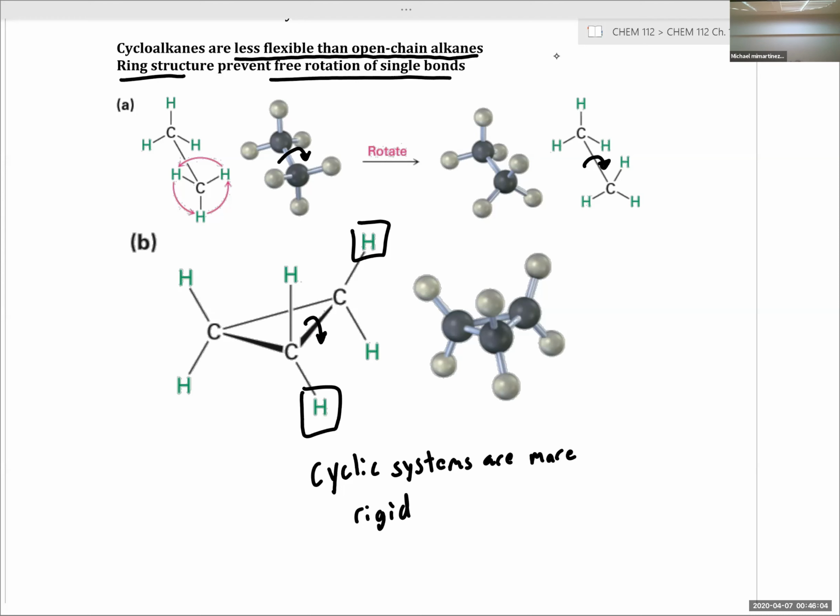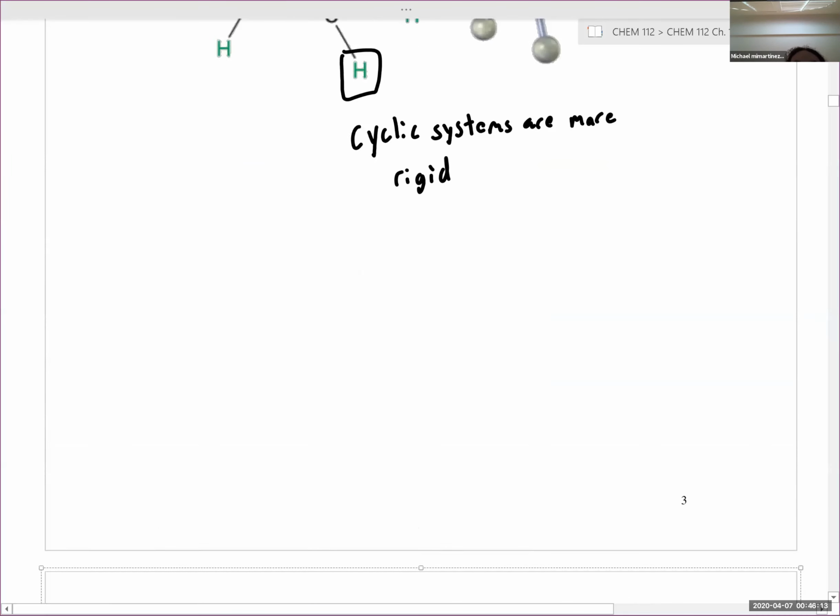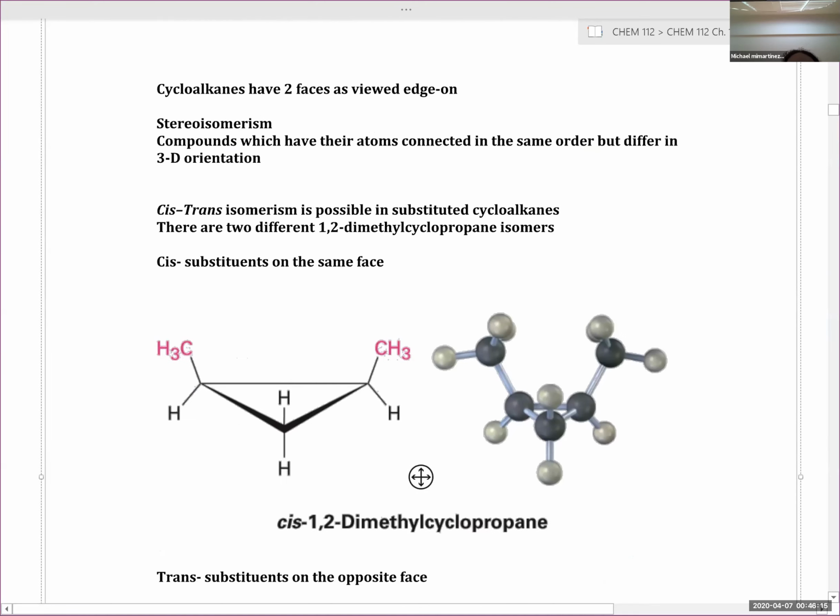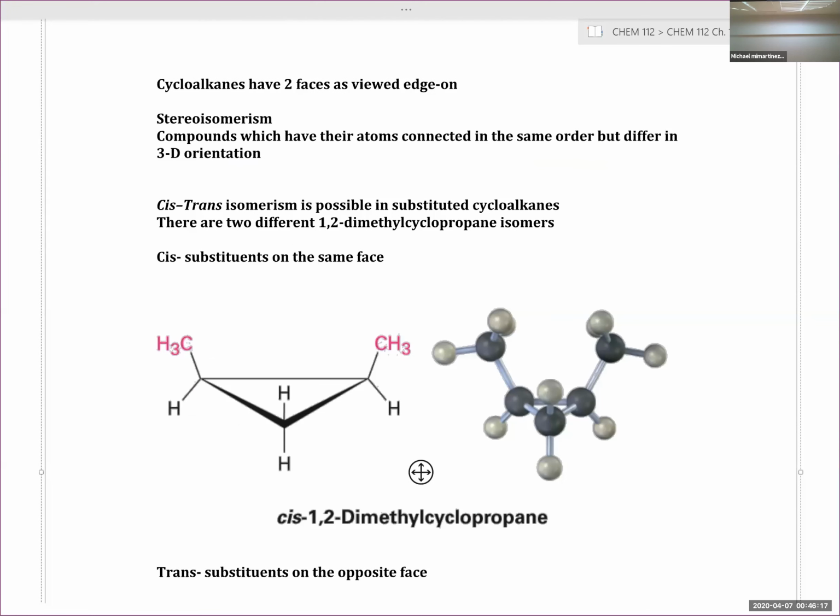So one consequence of the fact that these cyclic systems are substantially more rigid is that when we look at cycloalkanes, they have two visible faces when viewed edge-on.